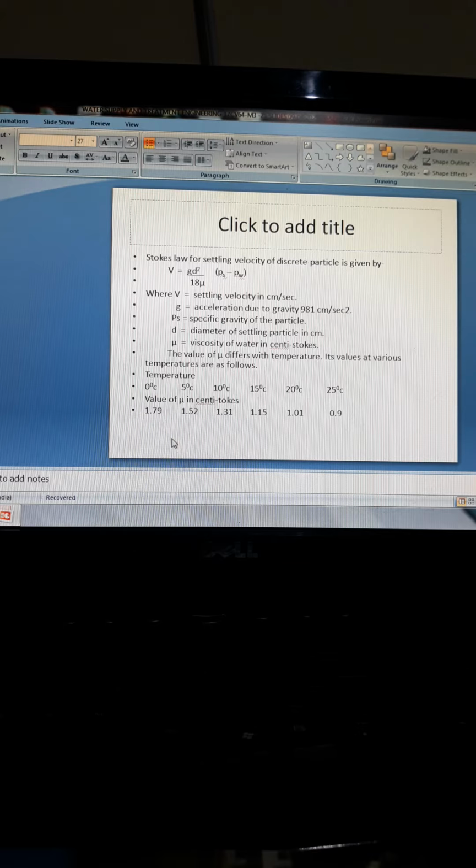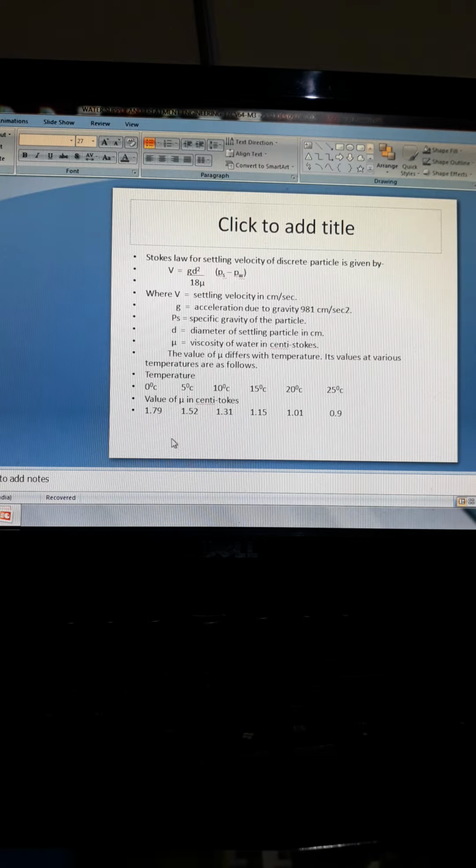So this is called the fill and draw type. In practice there will be several tanks in parallel. When one tank is filled, the flow to that tank is closed and diverted into the next. Like this the process continues. So this is called the fill and draw type of sedimentation tank.